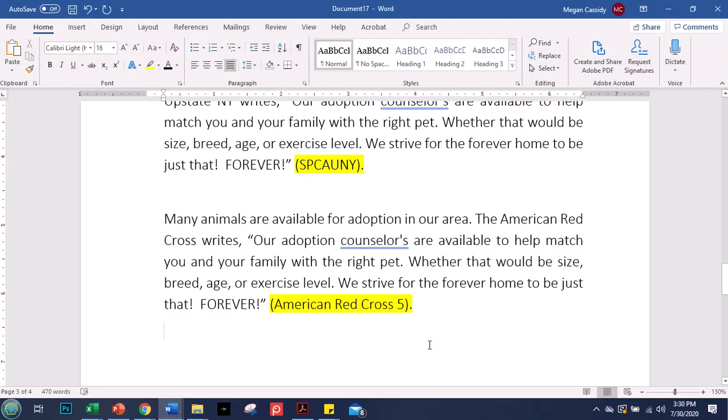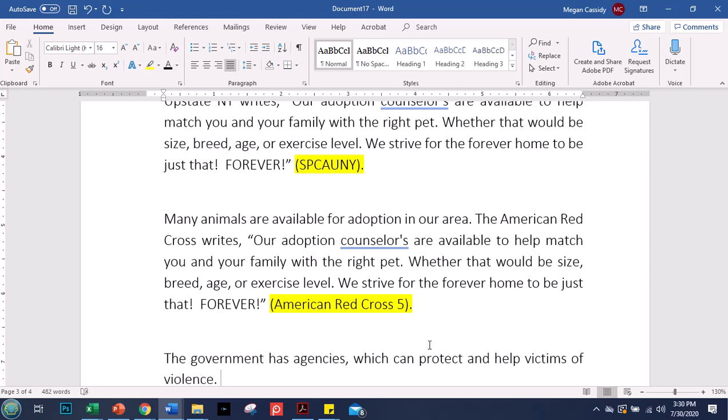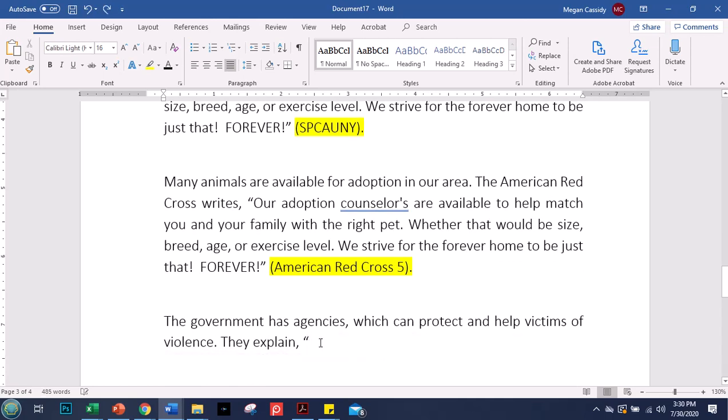So I'm going to introduce this by saying the government has agencies which can protect and help victims of violence. They explain, and then my quote.